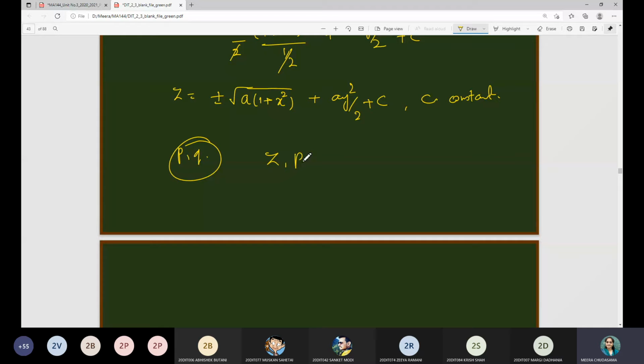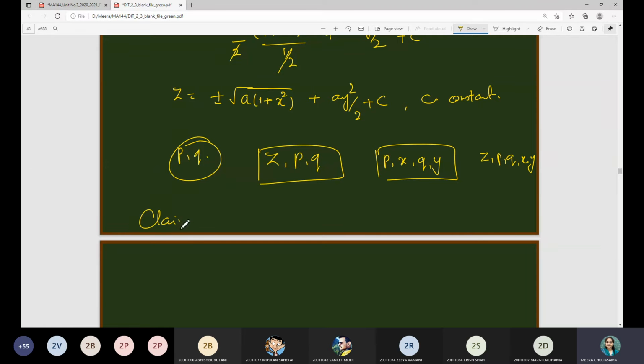Then in case 2 we have involved Z, P and Q. In the third case we are allowed to involve P, X, Q, Y. And now the expression entirely with all the quantities, that is Z, P, Q, X and Y. That is what case 4 is, and such a partial differential equation is called the Clairaut equation.